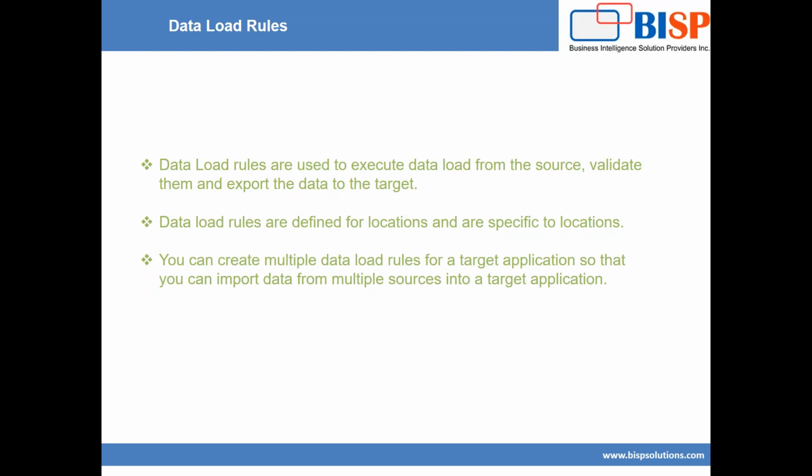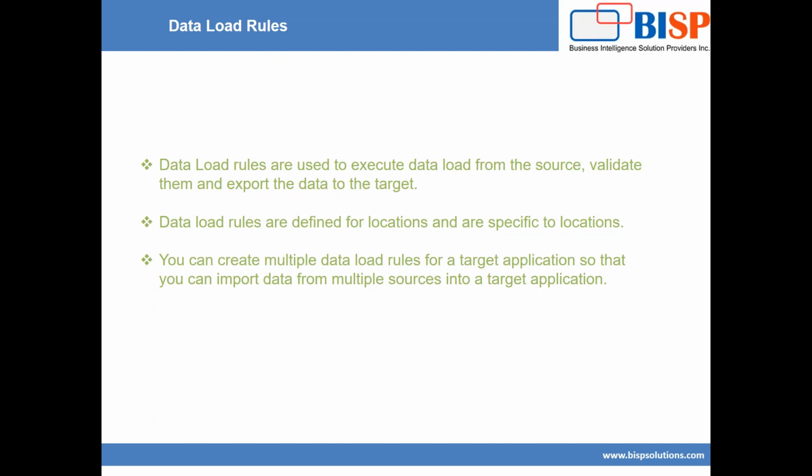When you execute a data load rule, you have the option to run it for a period or a range of periods. You have the option to select what steps of the workflow you want to trigger, so that it becomes easier for us to load data even for multiple periods using a single click.